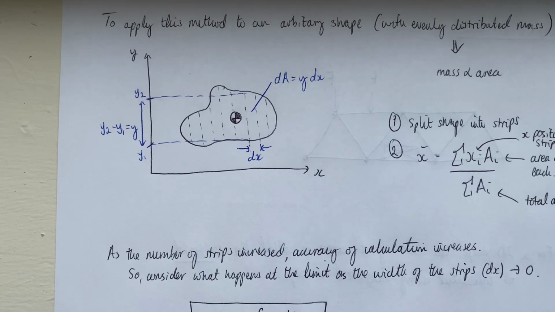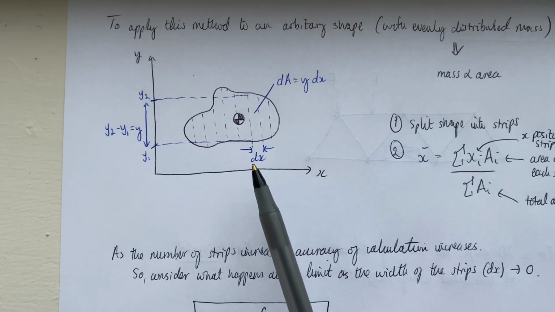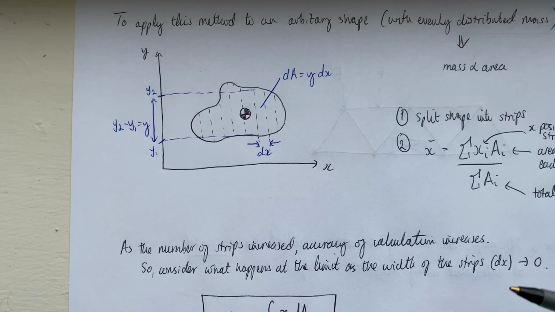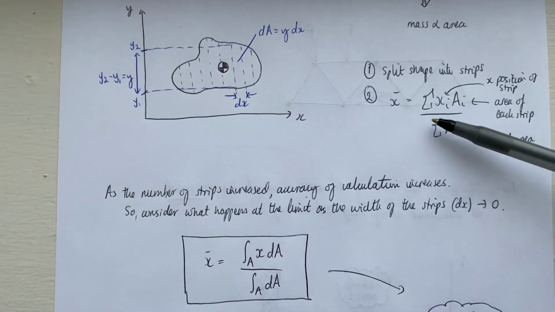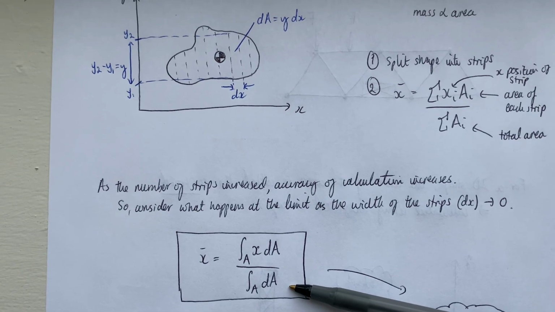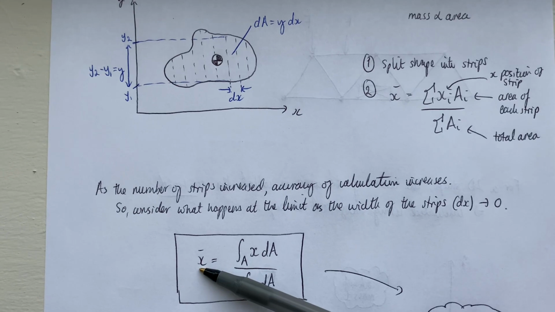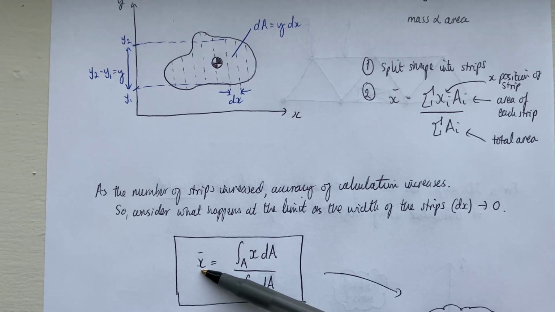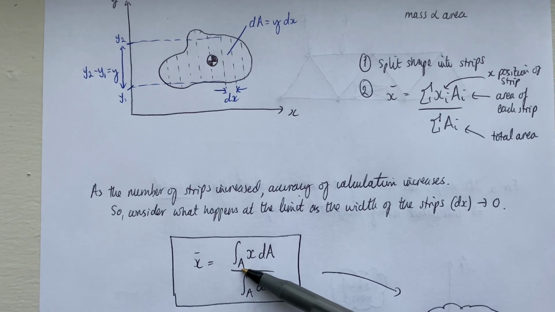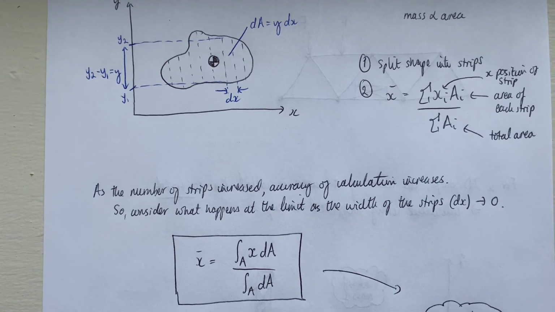So what we do is we consider the limit as the width of the strips dx tends to 0. And what that allows us to do is to write this formula as an integral equation. So now we say that the center of mass, x bar, the x-coordinate of the center of mass, is the integral over the area of x dA divided by the total area.